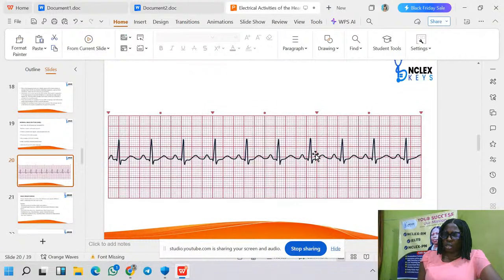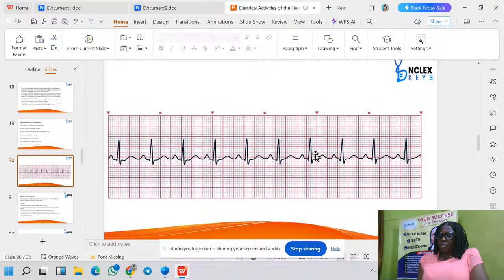Okay, let me show us the sinus tachycardia in our WhatsApp group. Please check it there. See tachycardia here. Have you seen? Okay, how many R do you have here? What's the pulse of this patient?